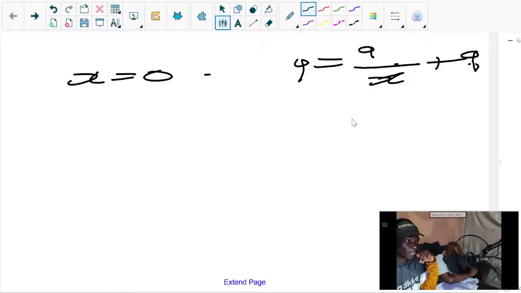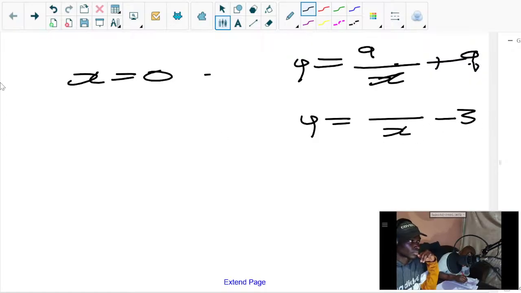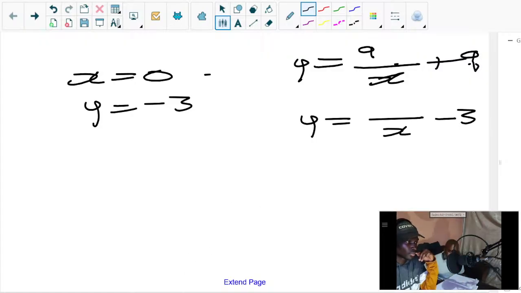It's minus 3. But when you write it as an asymptote, you don't say q is equivalent to minus 3. You say y is equivalent to minus 3, the equation of a straight line. Is that clear?